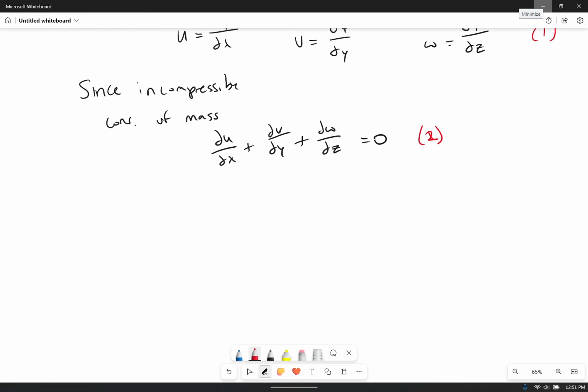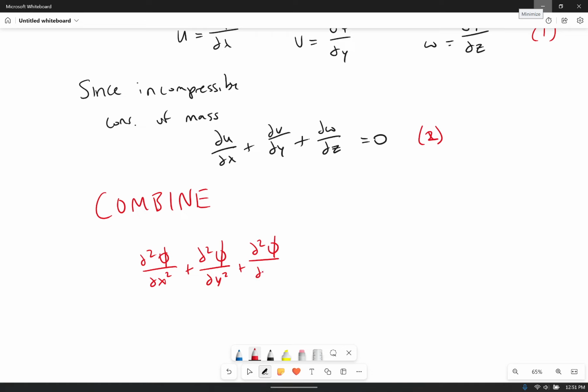Okay, if we plug both of those together, combine them, what we get is our Laplace equation for the velocity potential. So that would be something along the following. Del squared velocity potential del x squared, and we go down the line.